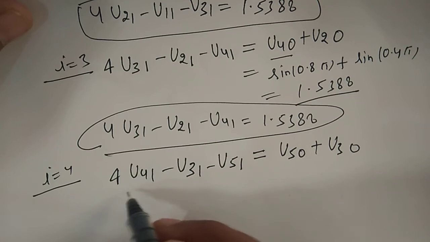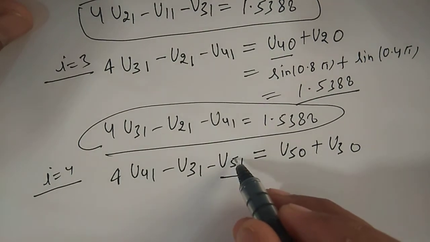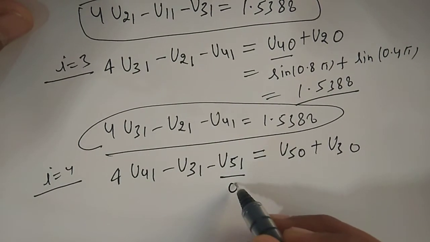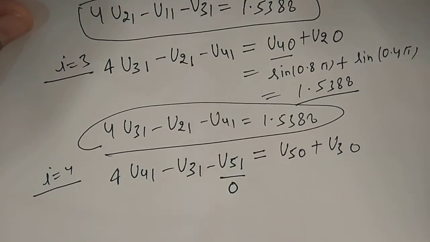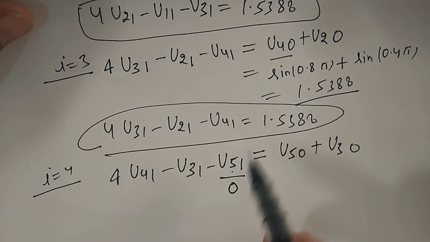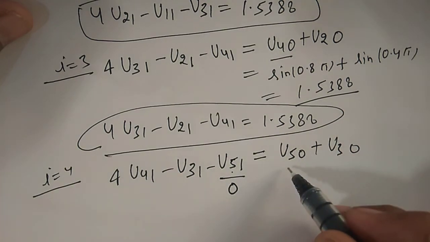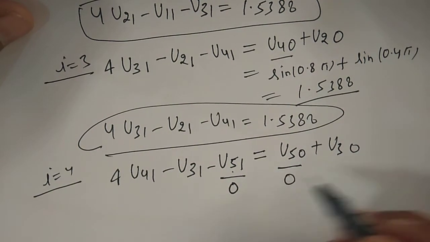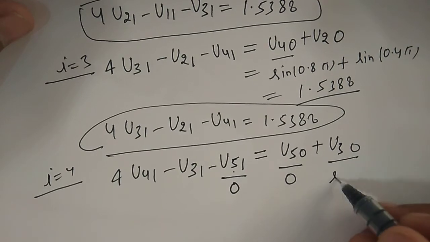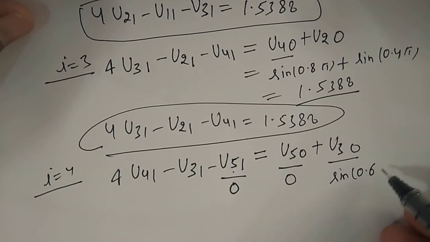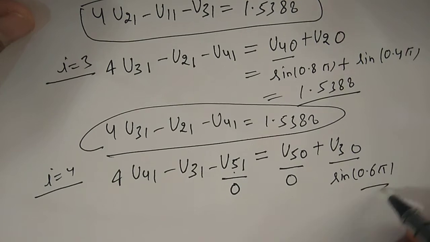What is u51? u51 is 0, and u50 means at the x equal to 1 line, u is 0, so u50 is also 0, and u30 means sine 0.6 pi.